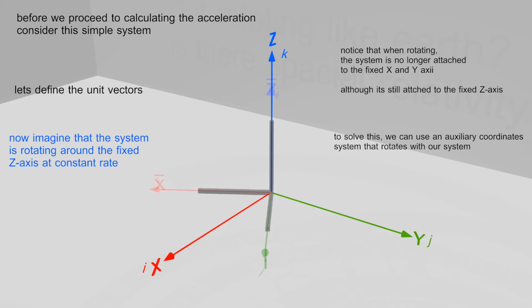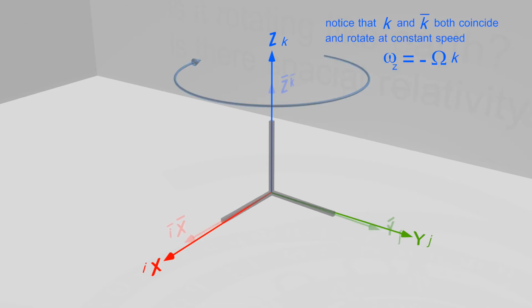Notice how the new coordinates follow the rotation of the system. However, the old z and the new z still coincide with each other.